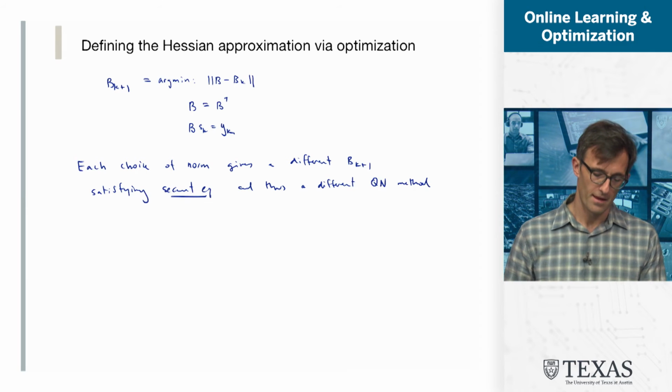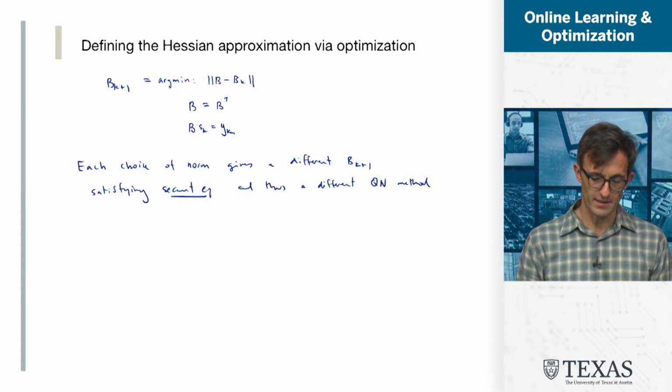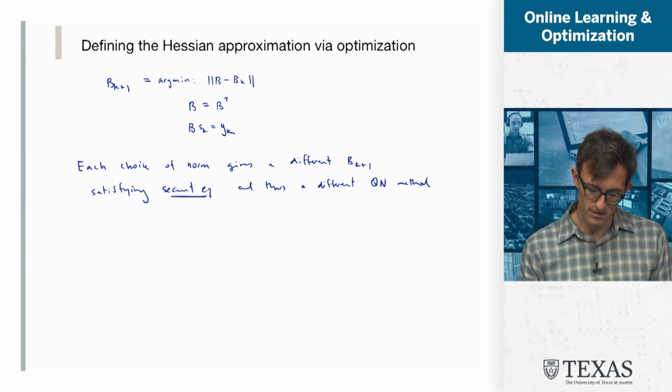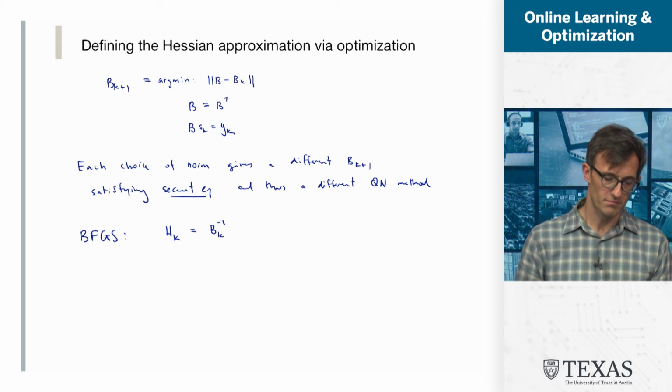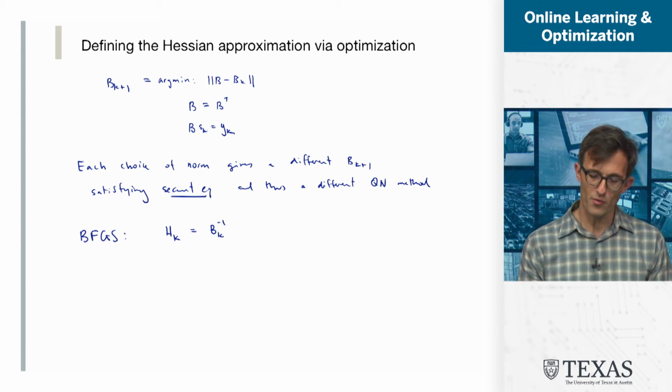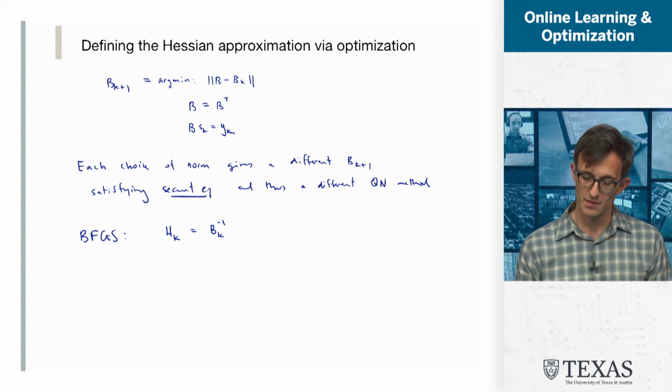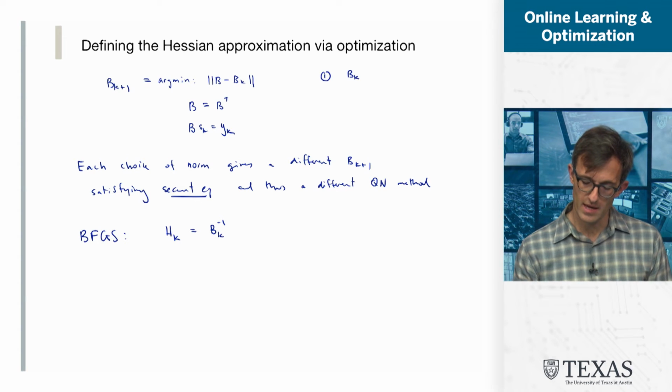But nevertheless, this is the key idea of BFGS. In particular, BFGS says, let's write H_k to be our approximation of the inverse Hessian. So let's write H_k to be B_k inverse. Then what are the three requirements that this optimization problem is effectively saying? Requirement 1 is that B_{k+1} is close to B_k.